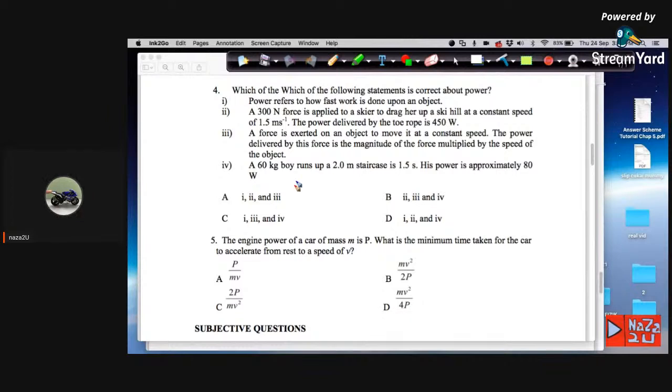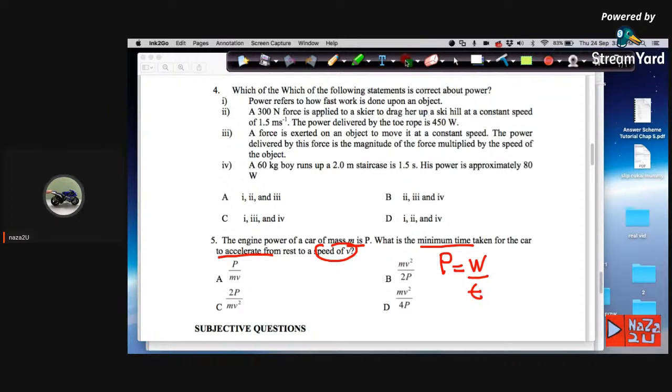Question number 5. Engine power of a car of mass M is P. What is the minimum time taken for the car to accelerate from rest to the speed V? Here we can use the power equation, work done divided by time t.